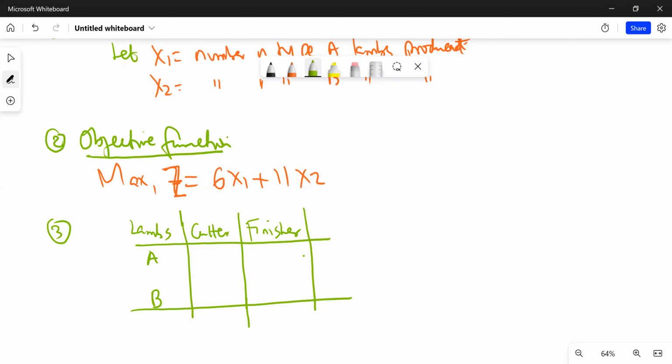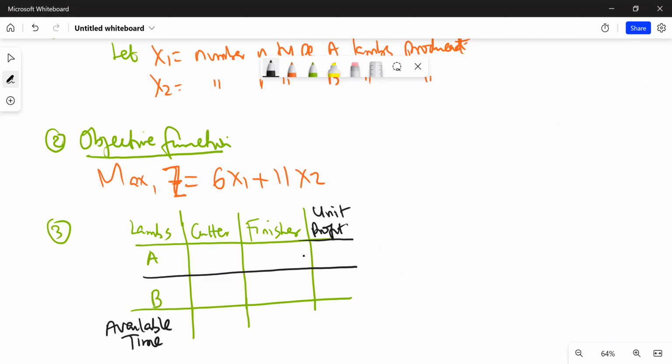Then we also have available time, and here we can have unit profit for each product. So we're having a table like that.